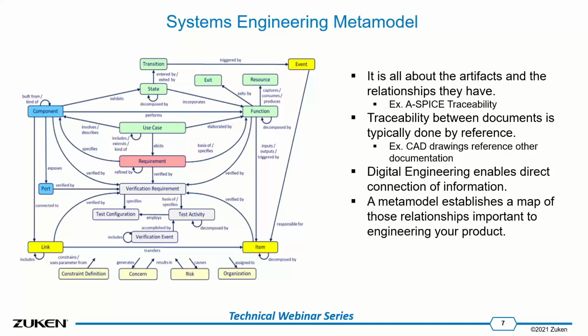So it becomes this information model. What's important here is that this meta model establishes a map of those relationships important to engineering your product. The meta model that you use needs to align with your organization, your processes, and your information. With that, now we'll go to the poll question.